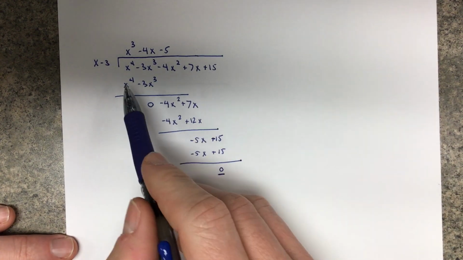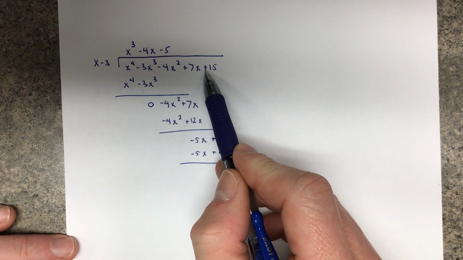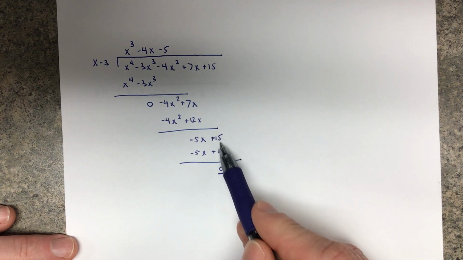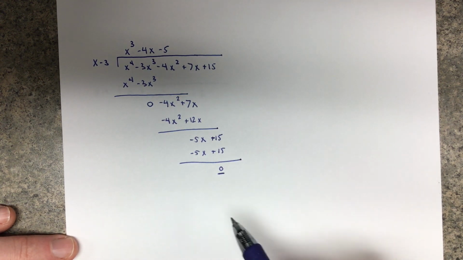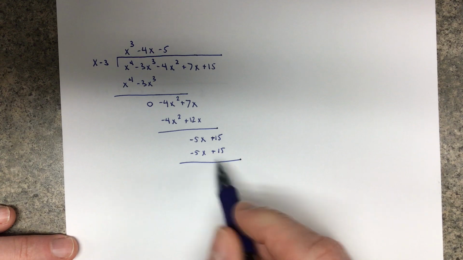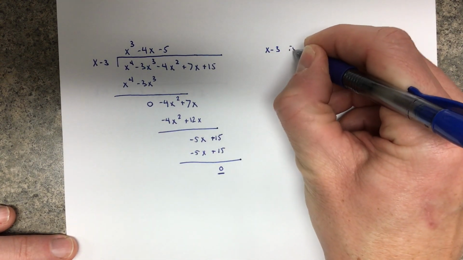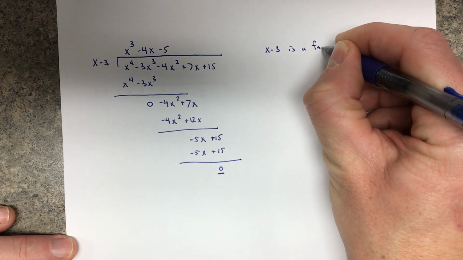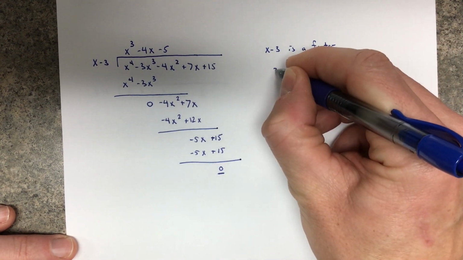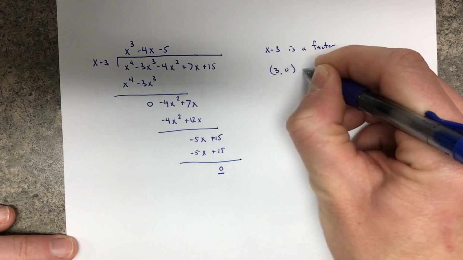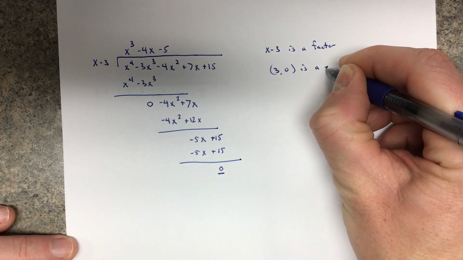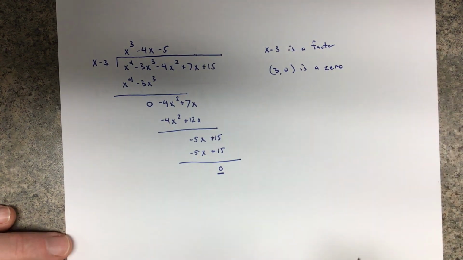Okay? So the original problem, that's supposed to be a plus 15. 15 minus 15 is in fact 0, which now shows, when you get a 0, that must mean that x minus 3 is a factor, which also means that 3 comma 0 is a 0. Cool.